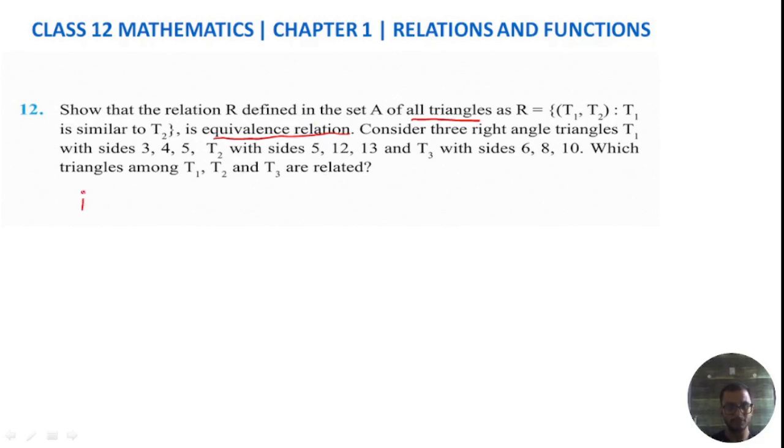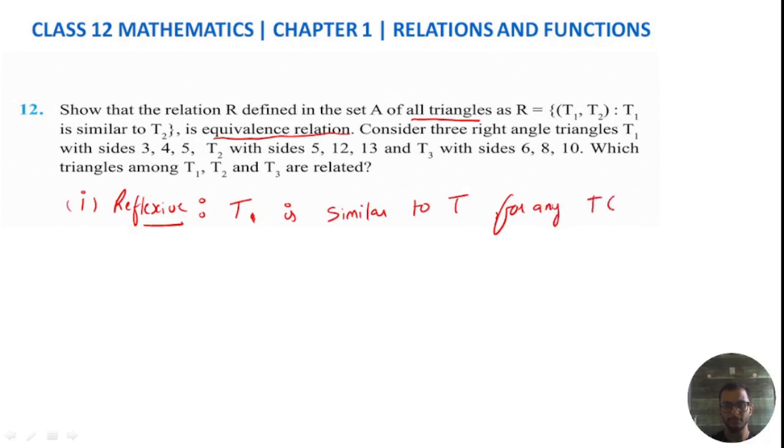Okay, so let's start with reflexive. I think you can easily guess why it is reflexive. Because T is of course similar to T, for any T belongs to A, where T is any triangle, as A is the set of all triangles.